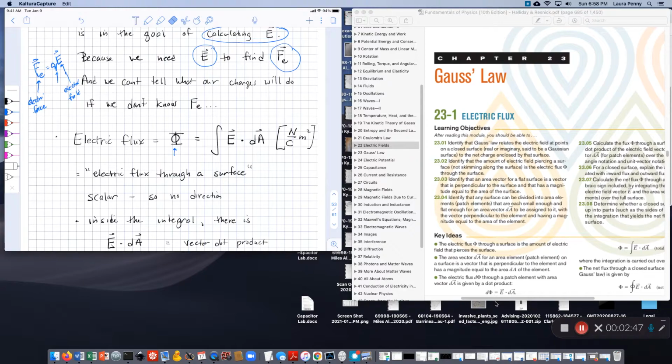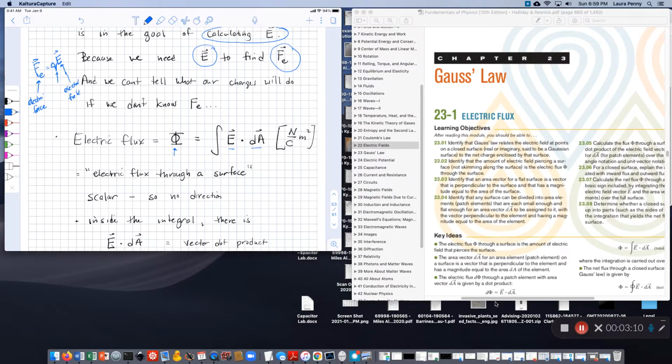And it is technically the integral of the electric field, which is a vector, dotted with a dA vector, where A is an area. And that at least leads us to what kind of units it should have.